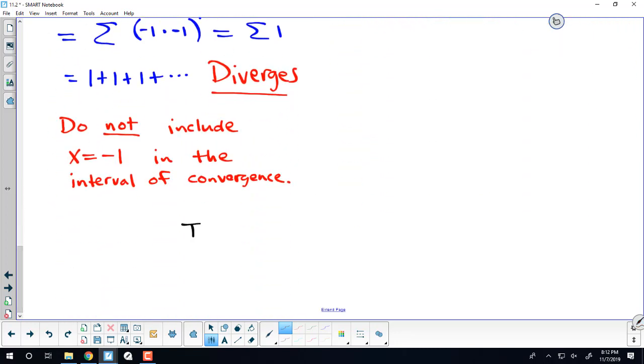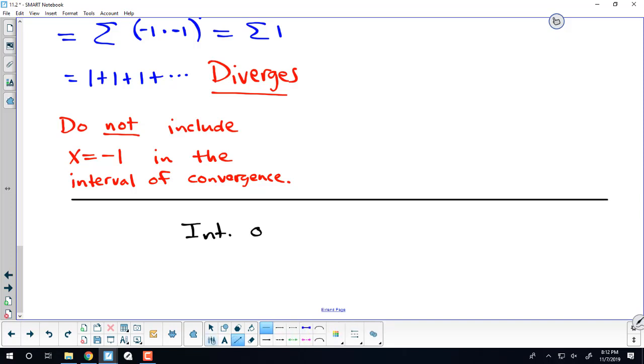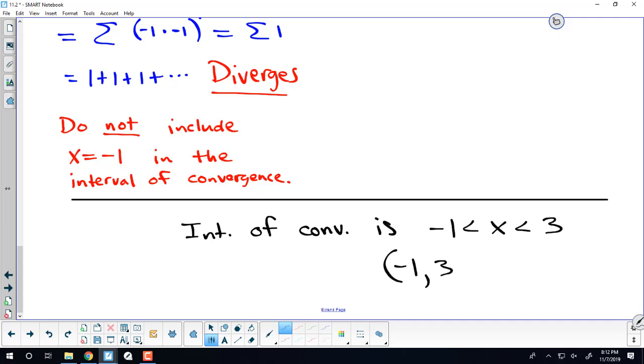So the interval of convergence was the same as we came up with originally: -1 to 3.